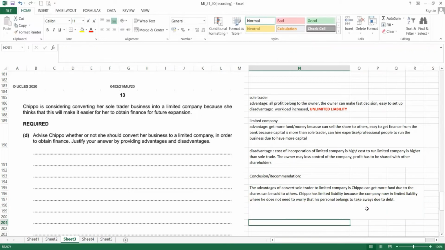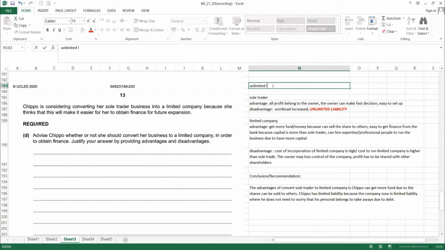This one is trying to tell you that when you have unlimited liability, the problem of unlimited liability is that the owner's personal belongings can be taken to pay off all the debt when the business owes to outsiders.